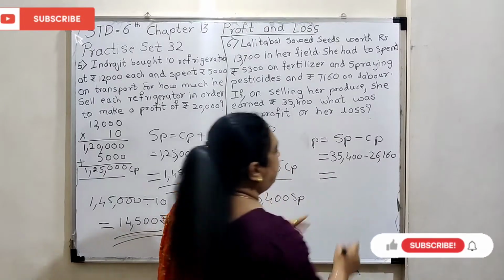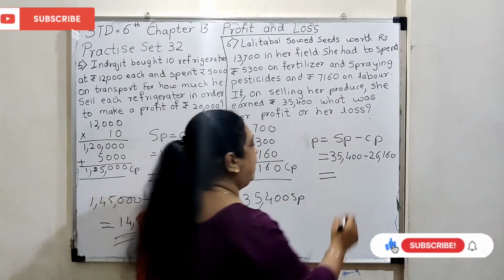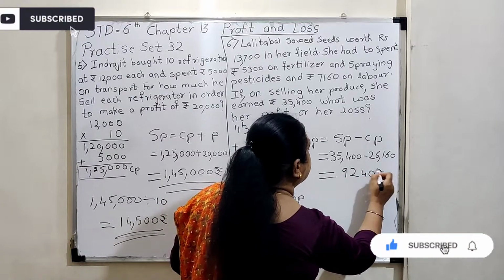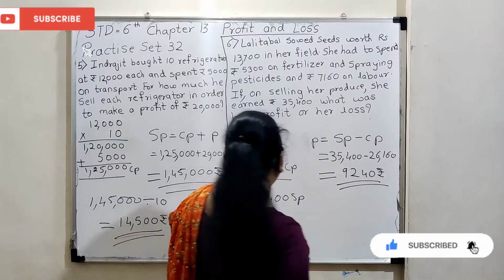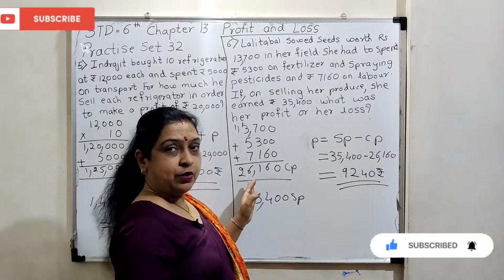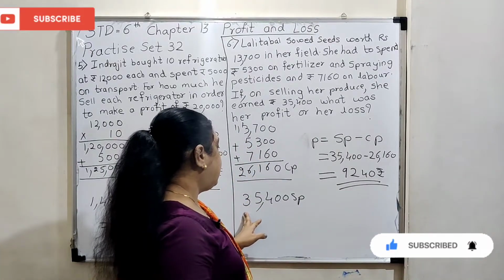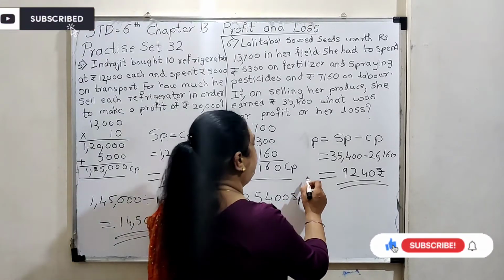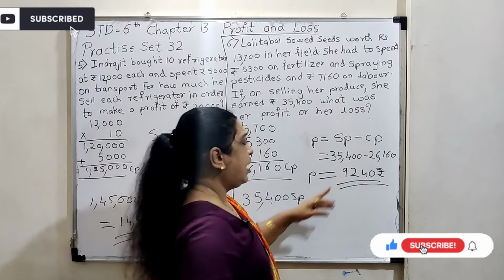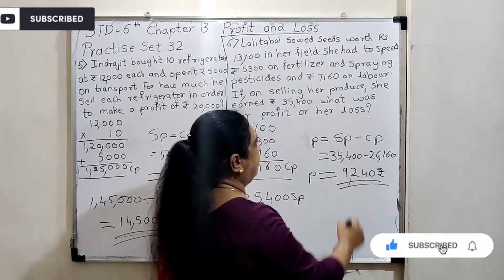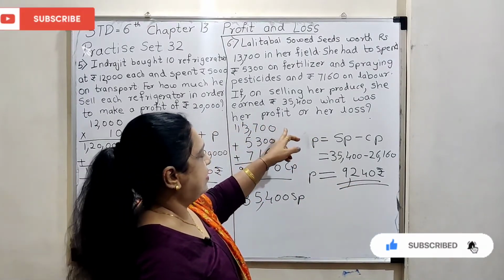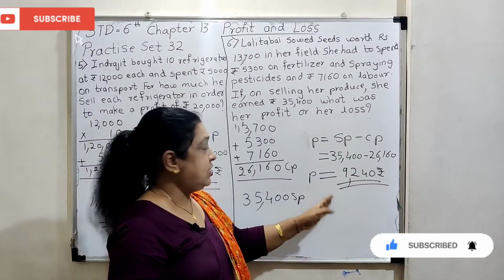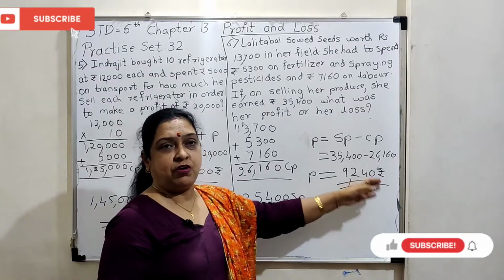When you calculate it, it will be 9,240 rupees. That means she spent so much amount, but she earned 35,400. That means she made a profit of rupees 9,240. So profit or loss? She made a profit. She never made a loss. She made a profit of 9,240 rupees.